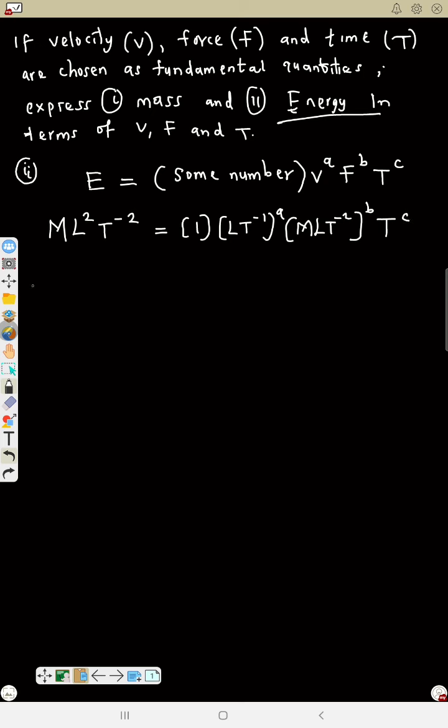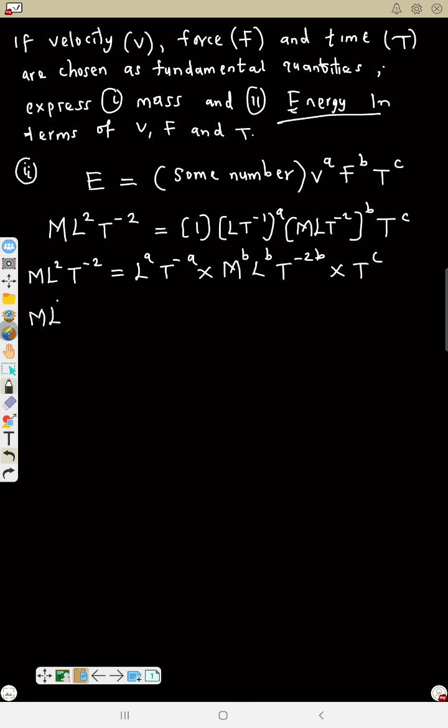So this becomes L squared t raised to the power minus 2 is equal to L raised to the power a, t raised to the power minus a, similar to the previous example, m raised to the power b, L raised to the power b, t raised to the power minus 2b times t raised to the power c.